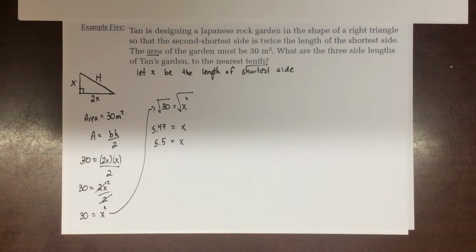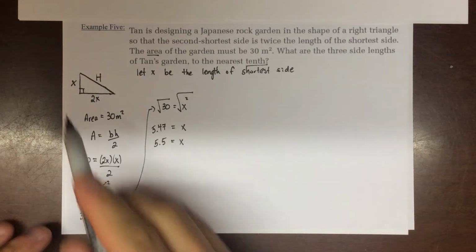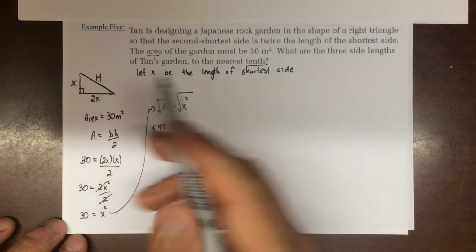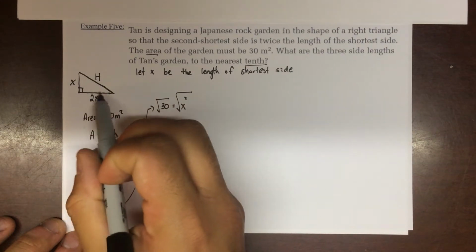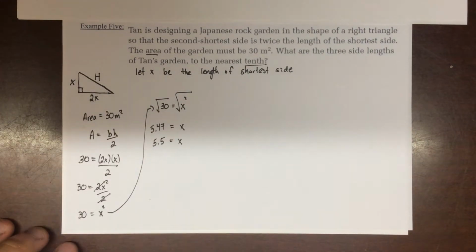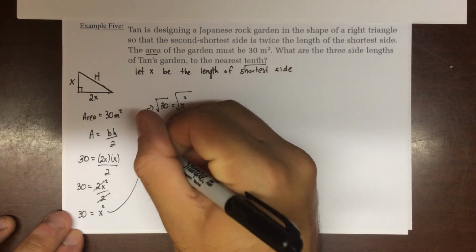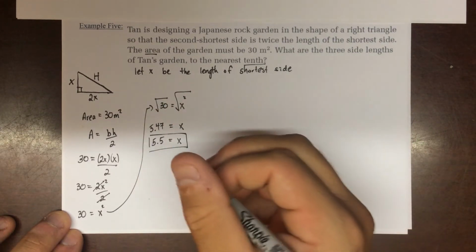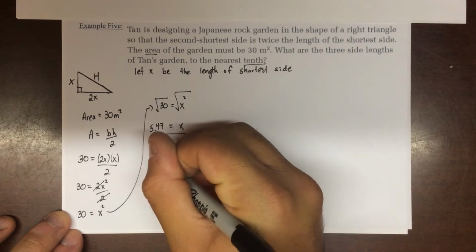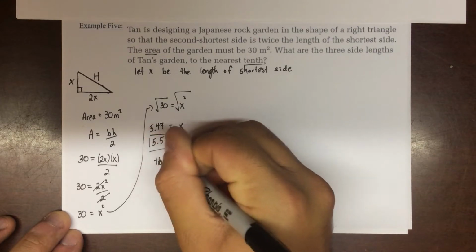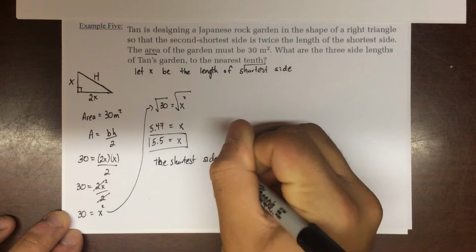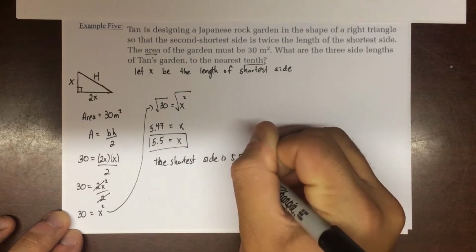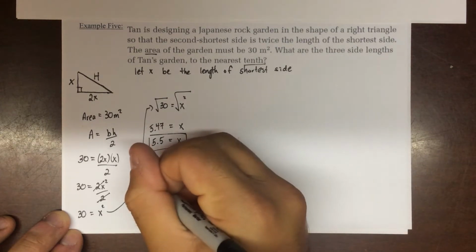Now I know x, so this side of my triangle is actually 5.5. How would I find this length of my triangle? Well, 2 times x. So let's just say the shortest side is 5.5 meters.